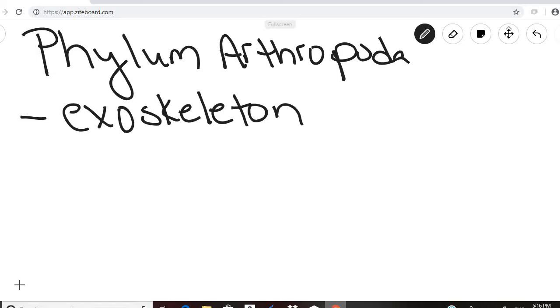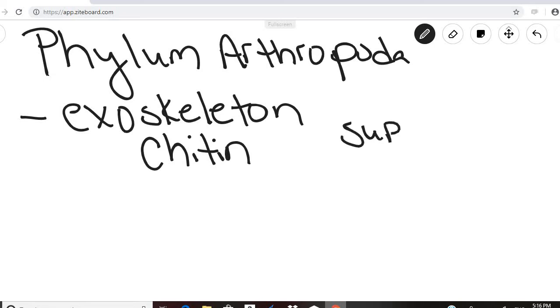And we said that this exoskeleton is typically made of chitin, which is a carbohydrate, and usually has some minerals in it as well. And the purpose of the exoskeleton is to provide support and protection to the animal.